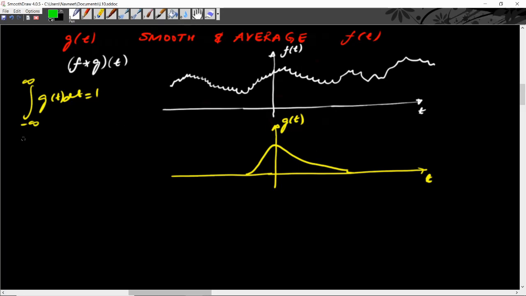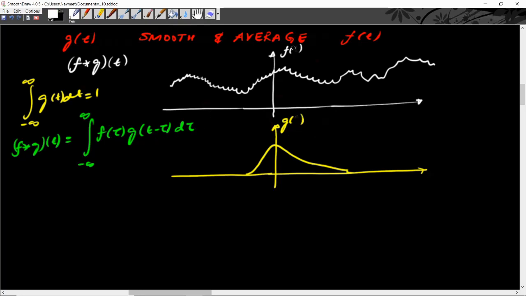So the convolution of f and g is given by this integral f of tau times g of t minus tau d tau. So note that in the integration we have f and g as function of tau.